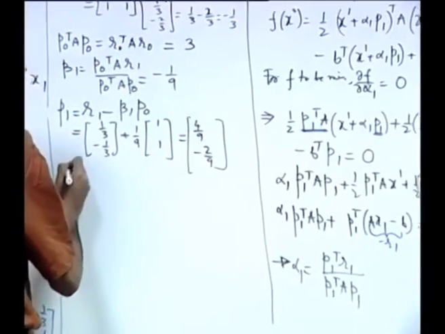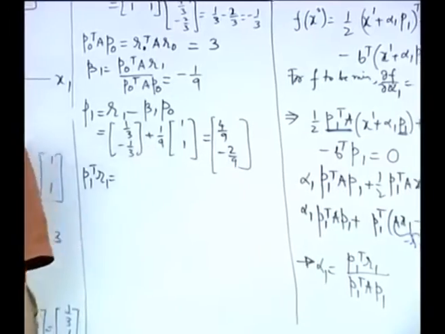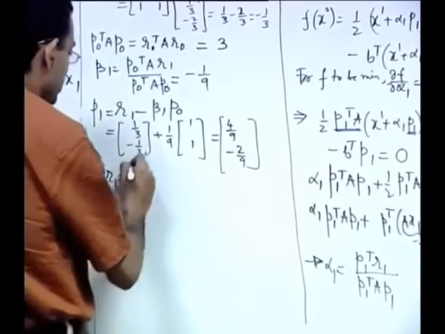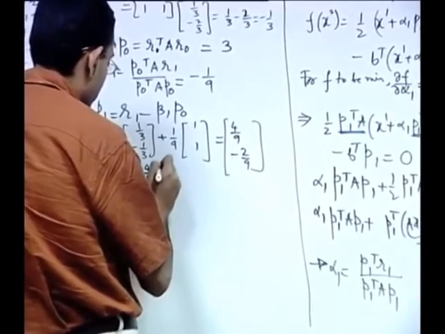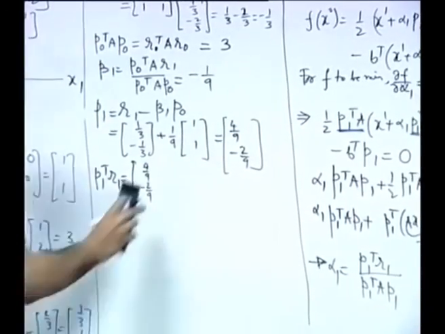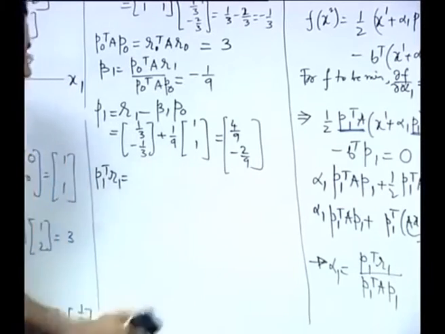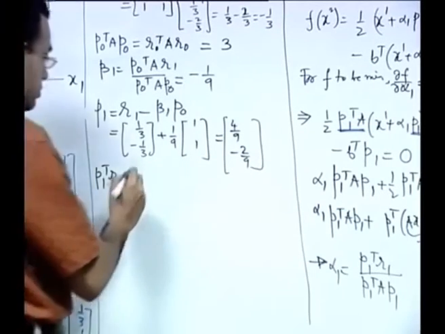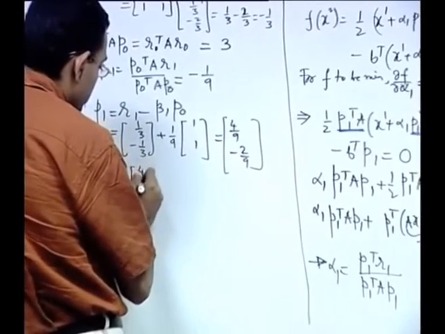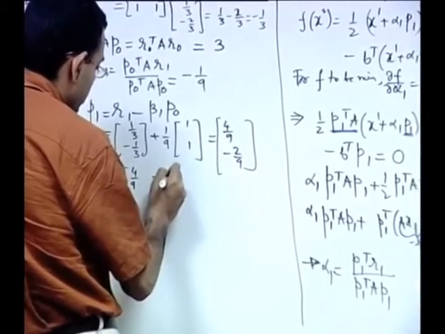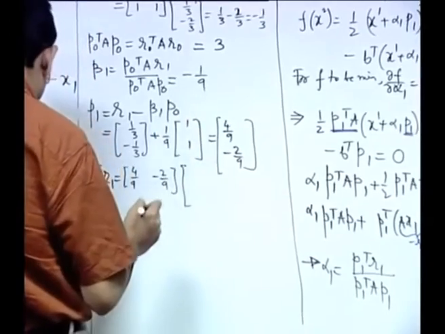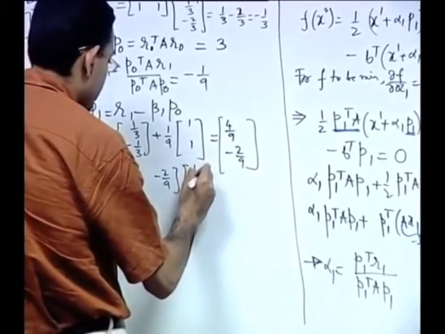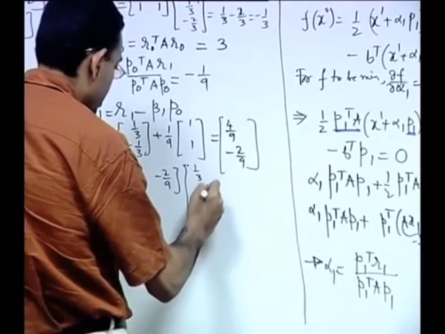So P1 transpose R1 is equal to P1 transpose R1, R1 is 1/3, minus 1/3.